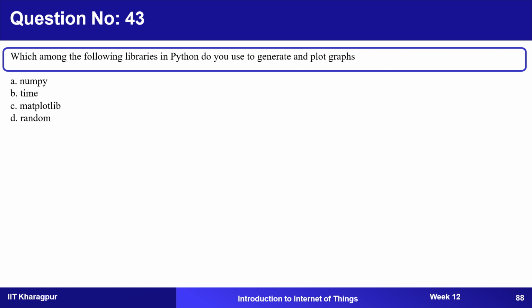Next question is, which among the following libraries in Python do you use to generate and plot graphs? Options are NumPy, Time, Matplotlib, Random. C, ma'am. Okay. So, what's the function of NumPy?